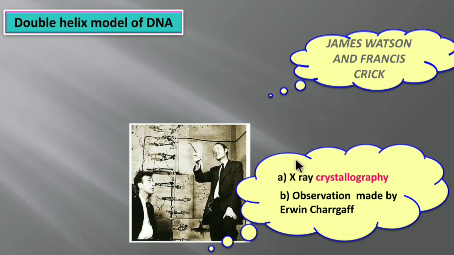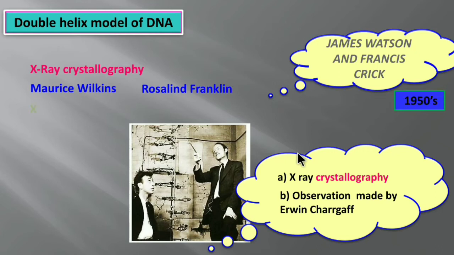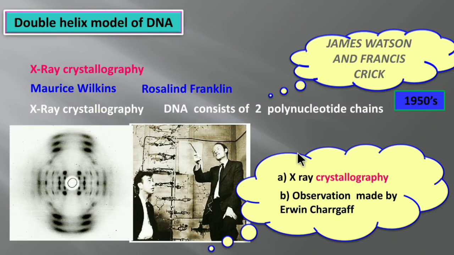The two workers, Maurice Wilkins and Rosalind Franklin, worked on X-ray crystallography or X-ray diffraction data on DNA. Based on the data, they finally came to the conclusion that DNA is made up of two polynucleotide chains.